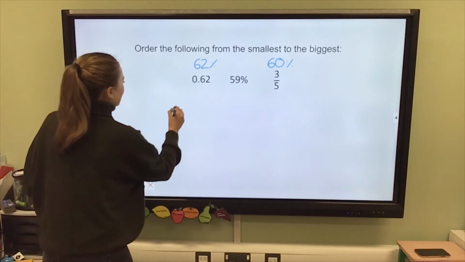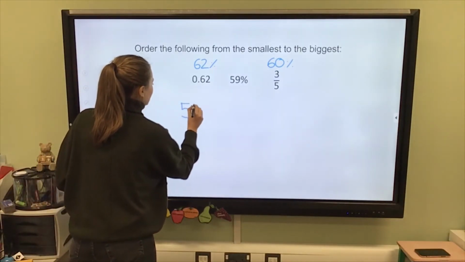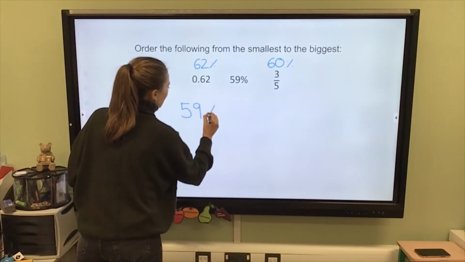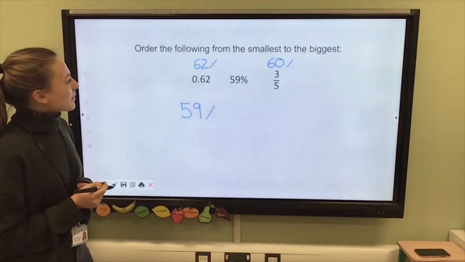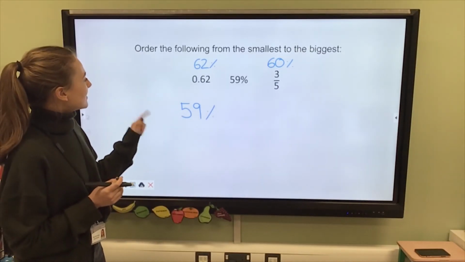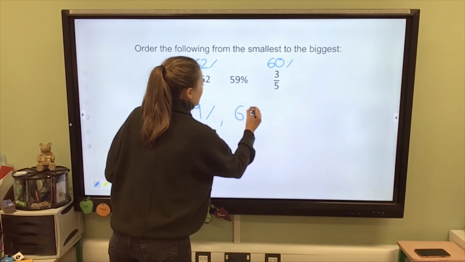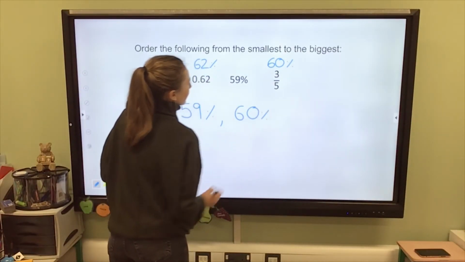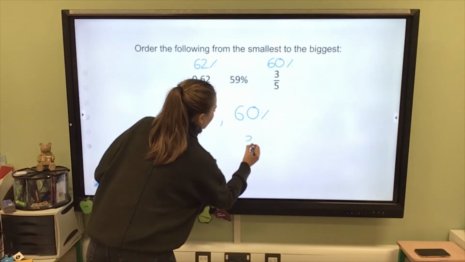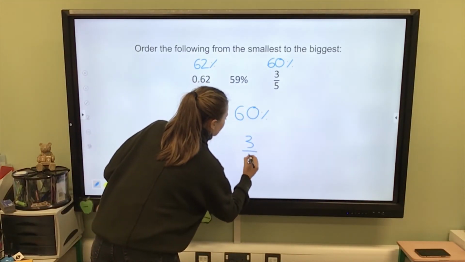So I can see 59% is my smallest, so I'm going to note that one down first. Then what comes next, 60% or 62%? So 60% comes next, which is equivalent to 3/5.